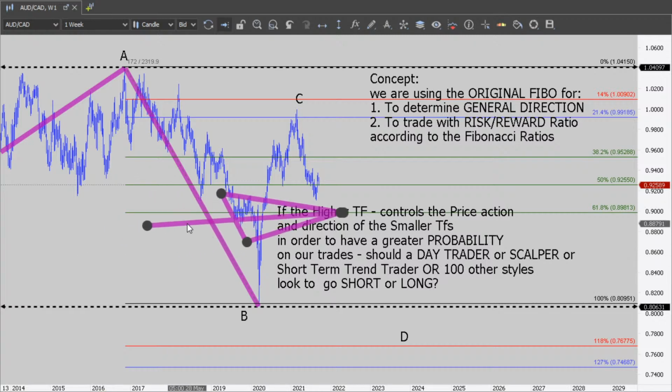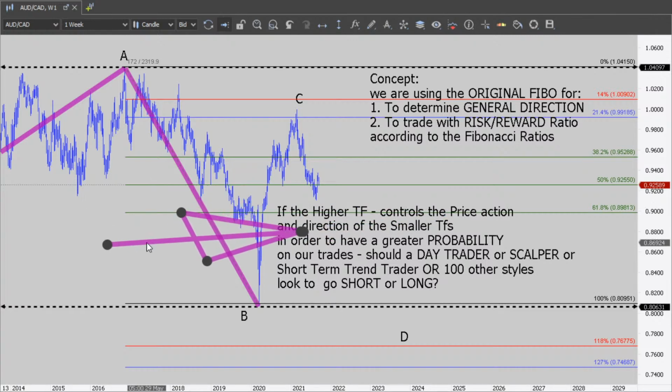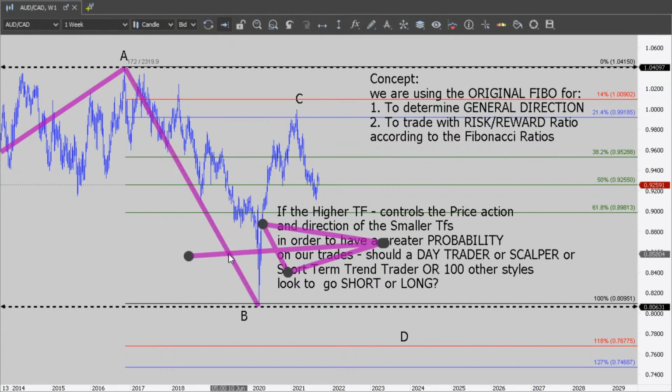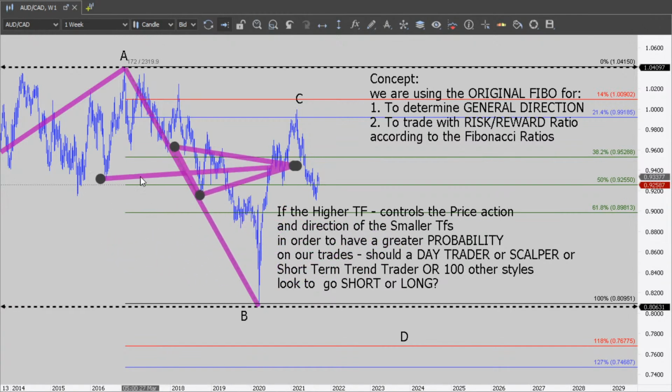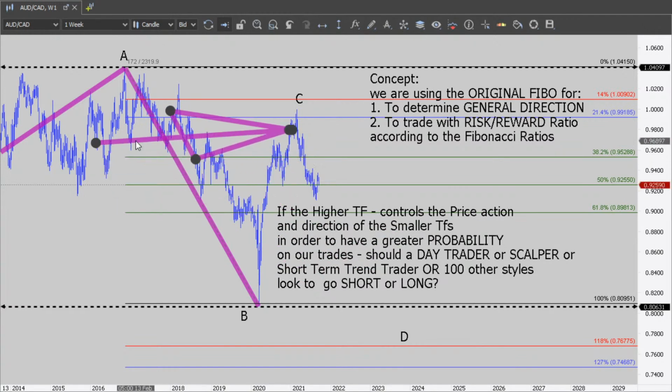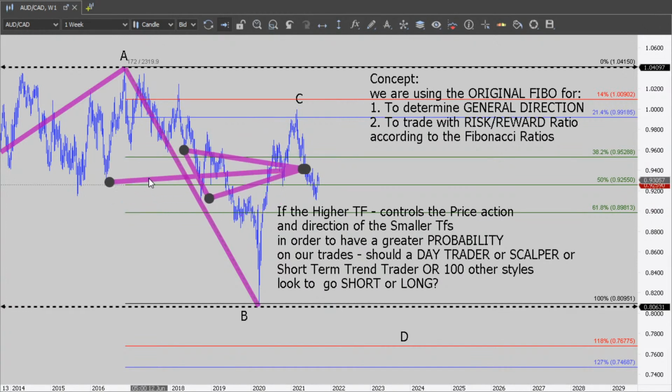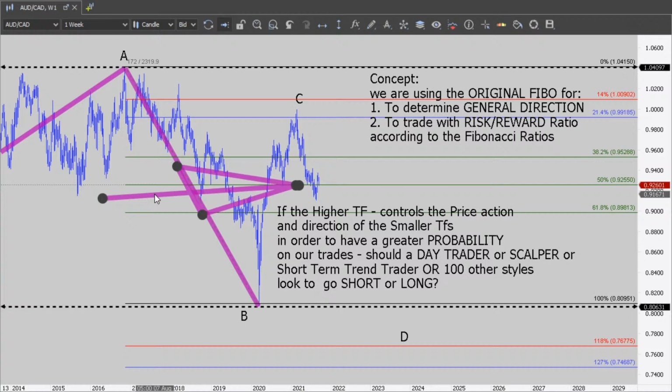If the higher time frame controls price action and direction of the smaller time frames, in order to have a greater probability, not a guarantee, a probability on our trades, should a day trader or a scalper or any other style, short-term trend trader, counter trend trader, news trader, position trader, whatever, look to go long or short? Sounds easy, right? Sounds easy.